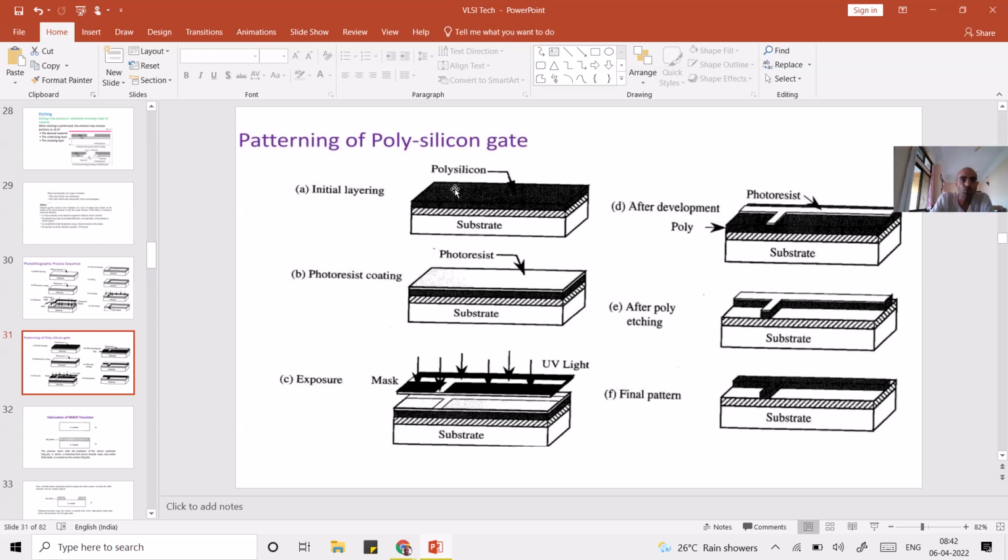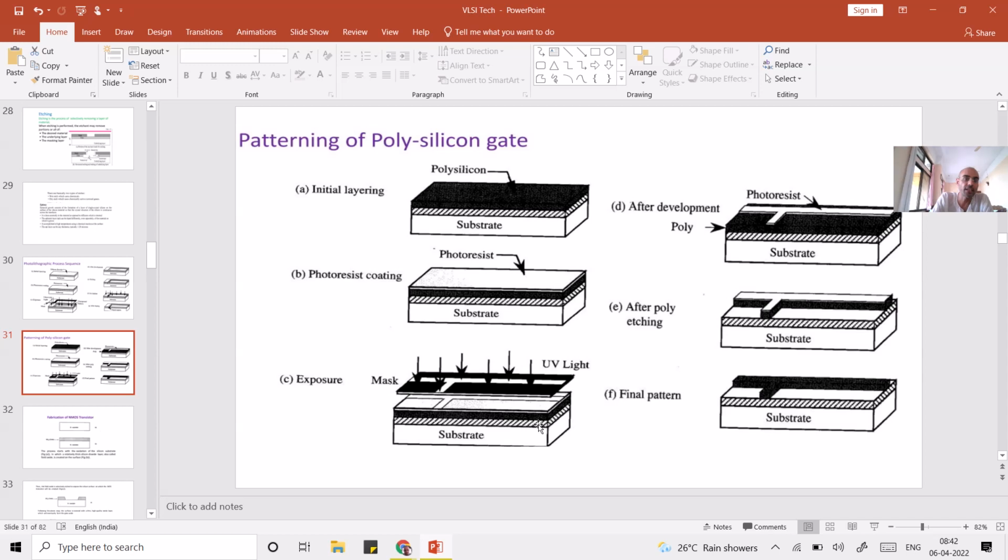In the case of polysilicon also, we use some substrate and then this SiO2 layer. Let's say this is the thin oxide. Over the thin oxide, I will grow the polysilicon. Once the polysilicon is grown, you grow the photoresist, then you expose it to the UV light through the mask.